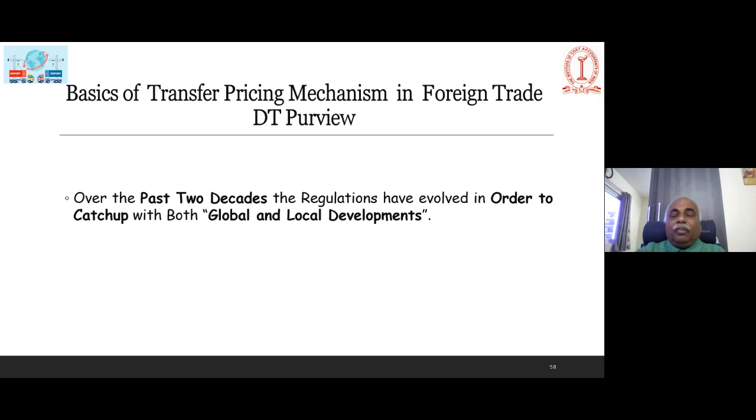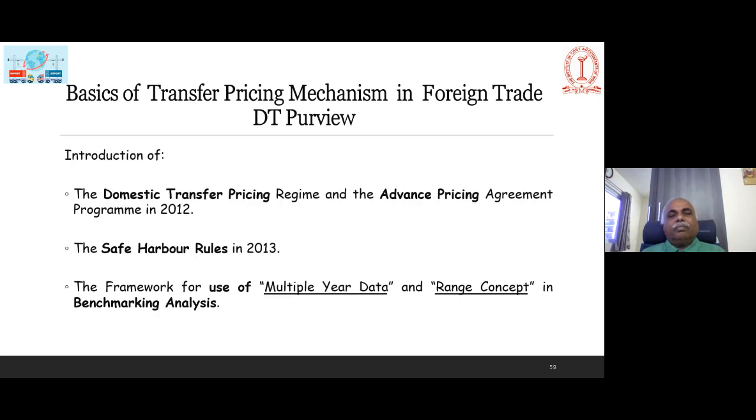It is not only for foreign trade but also for local transactions. That's why they introduced the domestic transfer pricing regime, the advance pricing agreement program in 2012, safe harbor rules in 2013, and multiple-year data, the master data to be kept by the company, the range concept and benchmark analysis, all defined over a period of time.